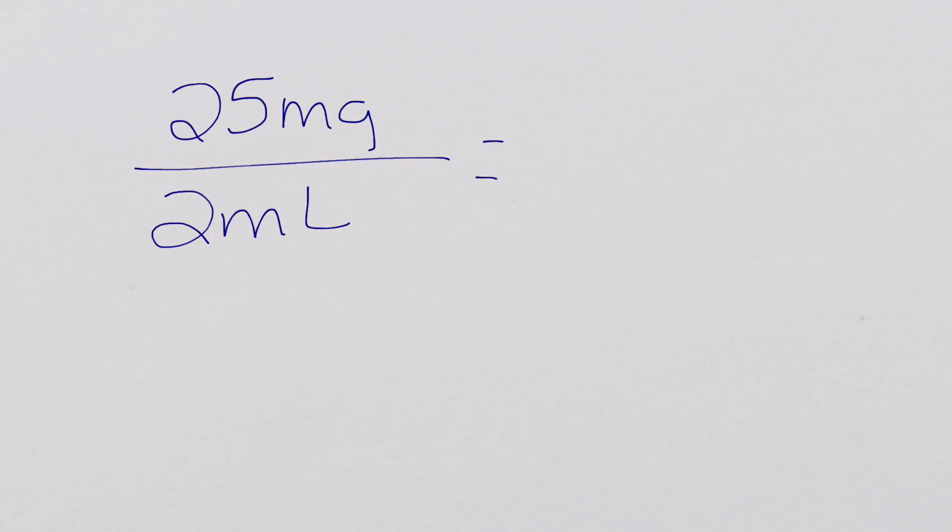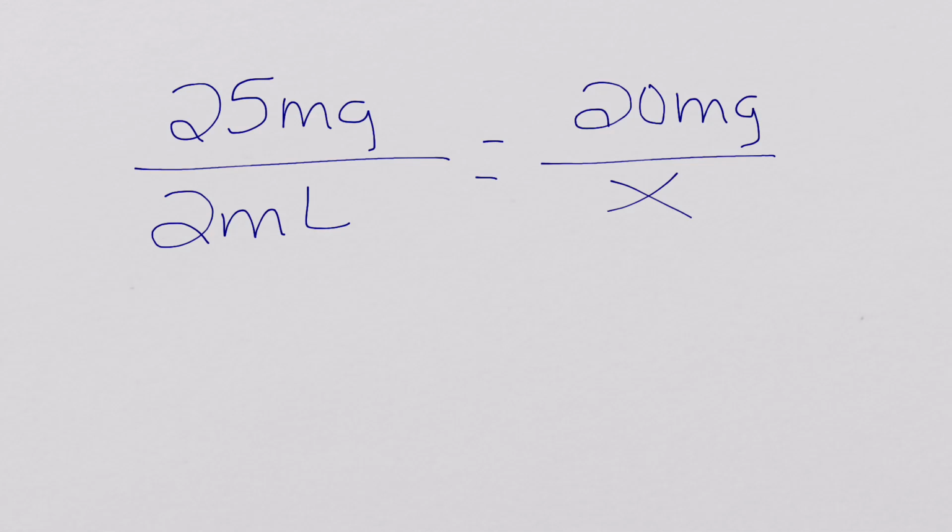But our physician ordered for our patient to get 20 milligrams. So put our 20 milligrams up here so they match. We need to know how many milliliters our patient needs to get their 20 milligrams. So when you cross multiply and divide, 20 times 2 divided by 25, you get 1.6 mLs.